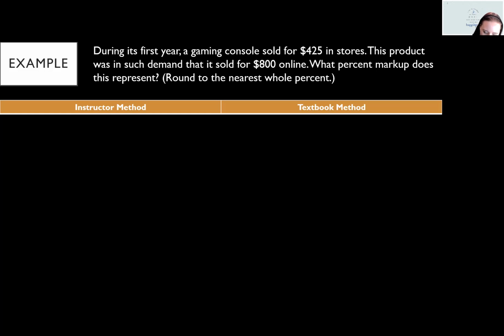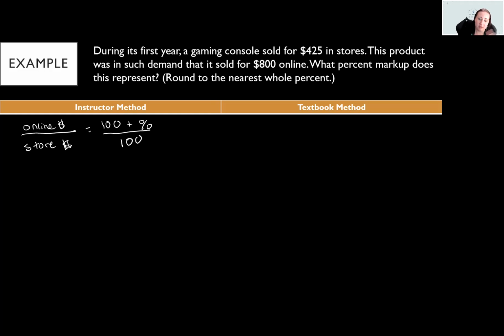So with my handy proportion, we have our new price, which in this case is going to be the marked up price, so that will be the online price, divided by the old price, which is going to be the store price. And then it's 100 plus your percent divided by 100. So in this case, we know the online and the store price.